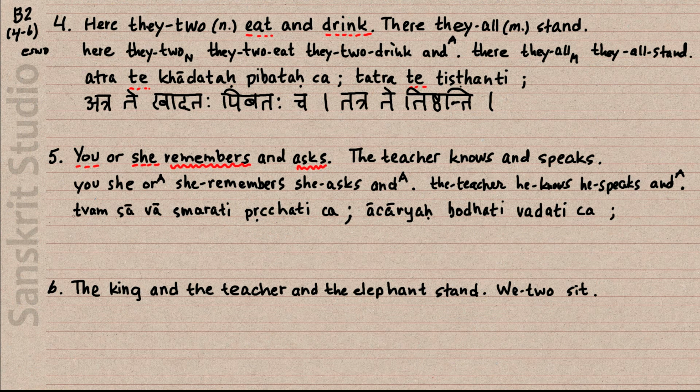So let's see if I got that right. Tvam sa va smarati prichati cha acharya bodhati vadati cha. Okay, and we do our Devanagari exercise. Tvam, sa, va, oops, I should have put the upper stroke there as well.